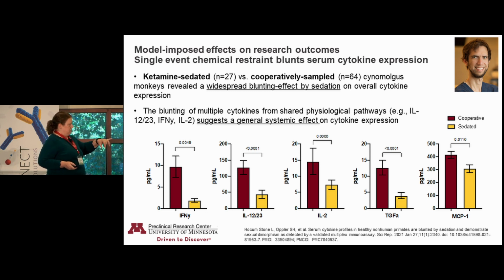And you can see here, the red is the cooperatively sampled and the yellow is our sedated animals. And this is just a single sedation event, and there was nothing else. These were all healthy, normal animals. You see this significant blunting effect. That again, if we didn't know this effect, you could attribute it to your test article or your disease. But in fact, it's just sedation that's having this blunting effect.